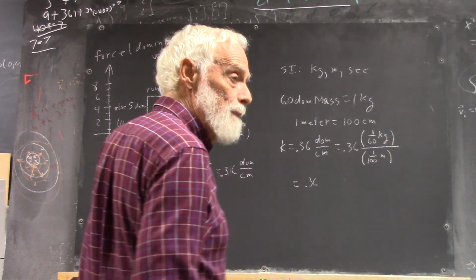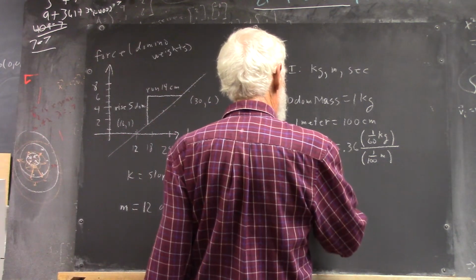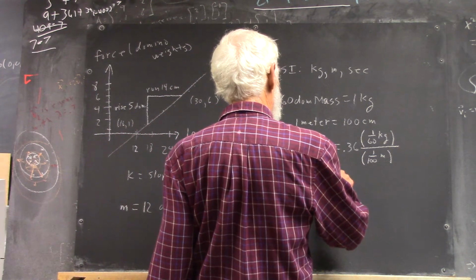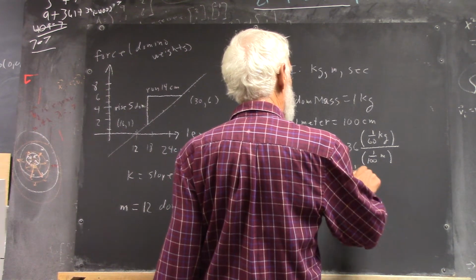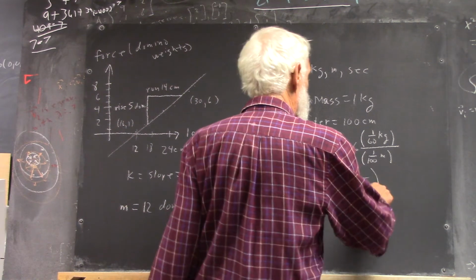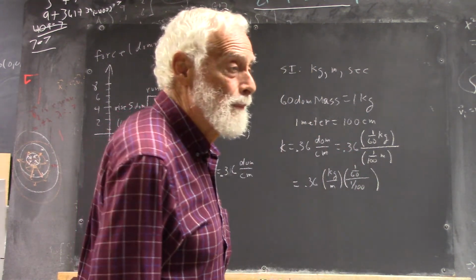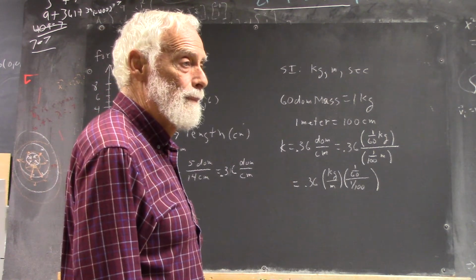Okay? So we can say that's 0.36 times kilograms over meters times 1/60th over 1/100th, right? What's 1/60th over 1/100th? 100 over 60.